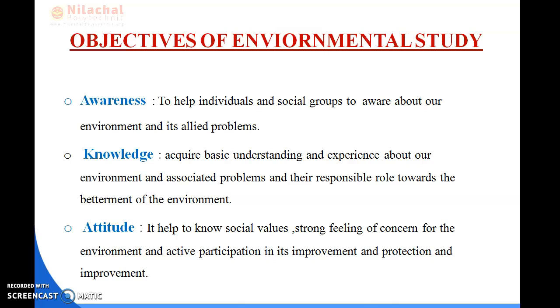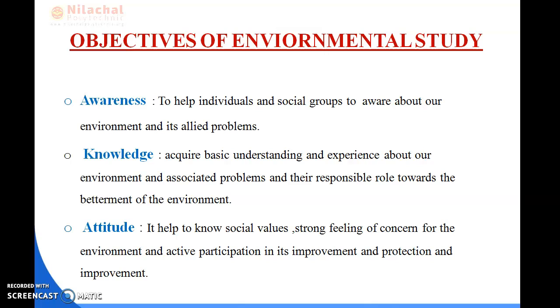This is the main motto of studying our environment: commitment to work individually and collectively towards the solution. Whenever we study the problems of the environment individually, we can then work collectively towards the solution.